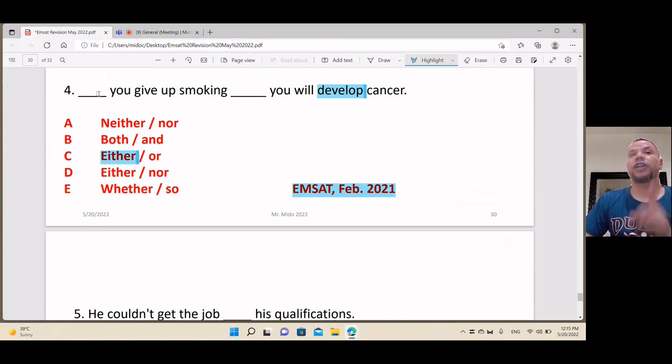Yes, either you give up smoking or you develop cancer, because I have opposites here. Give up smoking is the opposite of increased cancer. So either you give up smoking or you will develop cancer.